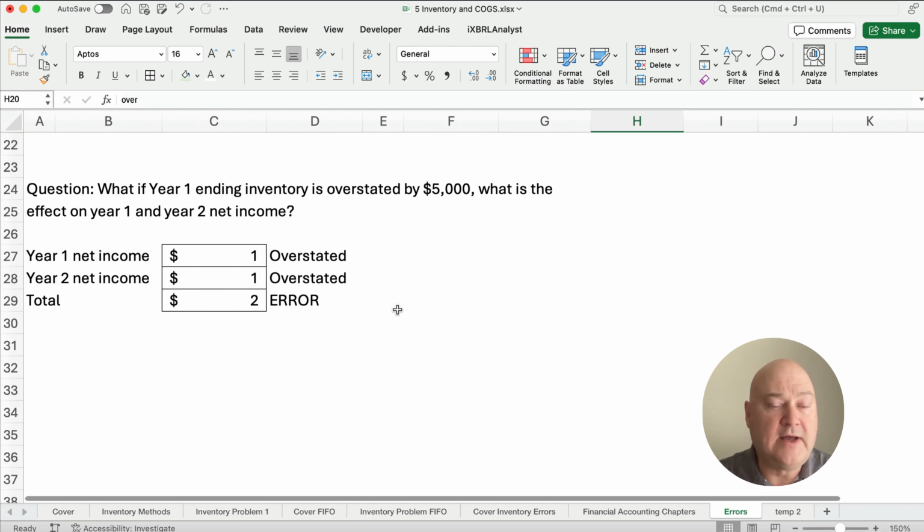All right, so let's change and ask a question here. What if year one ending inventory is overstated by 5,000? Now, a new problem, just a problem to think through. What is the effect on year one and year two net income?